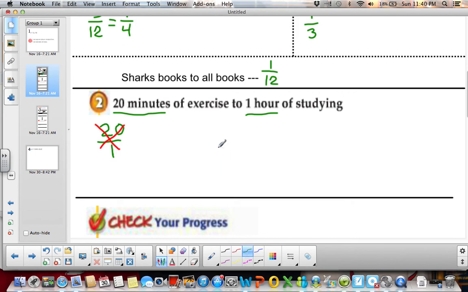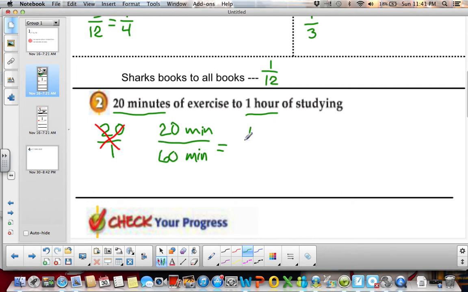Instead, we would go 20 minutes, and then we're going to change hour to minutes. So instead of writing 1 hour, we're going to write 60 minutes. And then we're going to simplify. 20 goes into both 20 and 60.